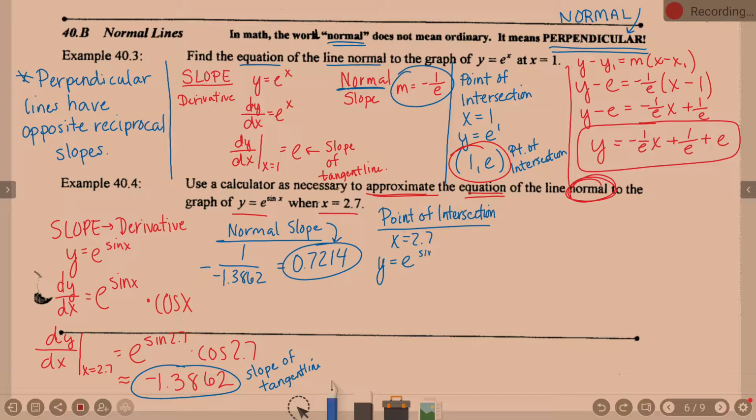So e to the sine of 2.7, which exactly is a decimal. What'd you say it was? I got 1.5332. Okay, yeah. So we're going to have the ordered pair here of 2.7, comma 1.5332.